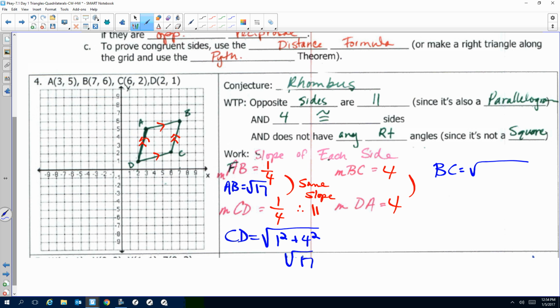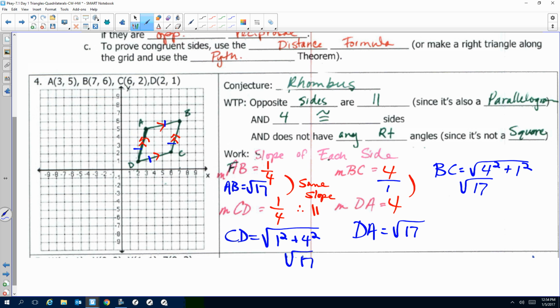No, not 1/4. 4/1. Well, so that means that's 4 squared plus 1 squared. We already know what that equals. What is it? Yeah, square root of 17. So what do we know about DA? It equals the same. So now I know that all these sides are congruent. So is this a rhombus?